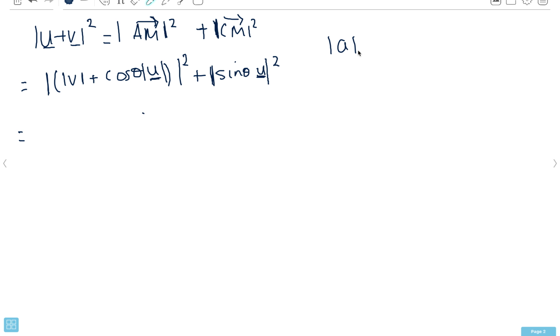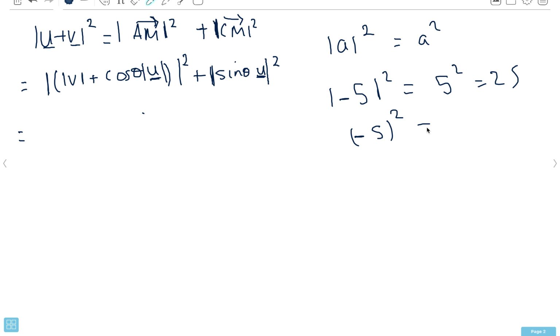If you have mod a squared, it's the same as taking a squared. Let's say that a is negative, say minus 5, then we take the modulus first and it becomes 5 squared. This is the same as just doing minus 5 squared, because the squared takes care of the negative sign.